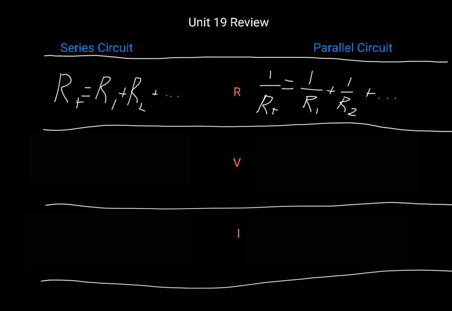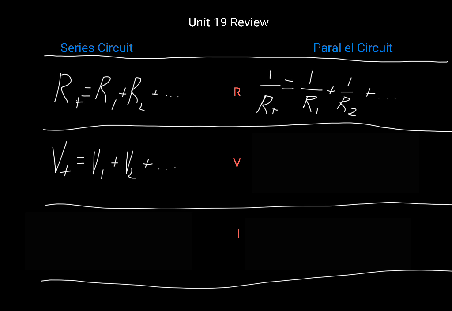the total resistance. When we get to voltages and currents, we've not, to this point, had explicit formulas, but I'm going to actually write these down in formulas so you can see what we're talking about. So in series circuits, all of our voltages are going to add up to the total voltage. So the voltage drop over the first resistor plus the voltage drop of the next resistor all together is going to be our total voltage.